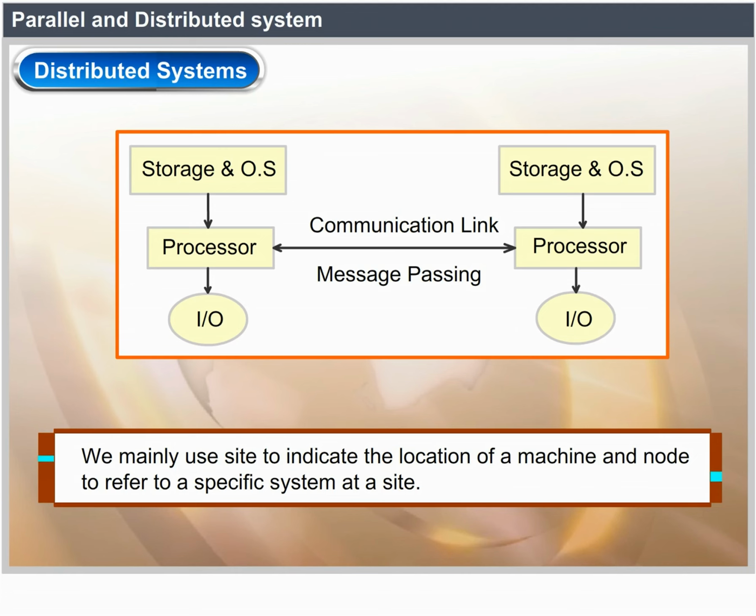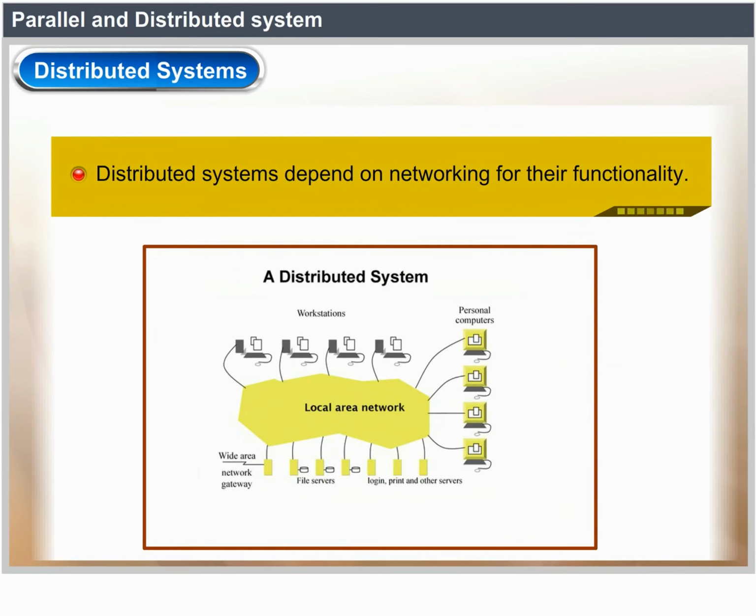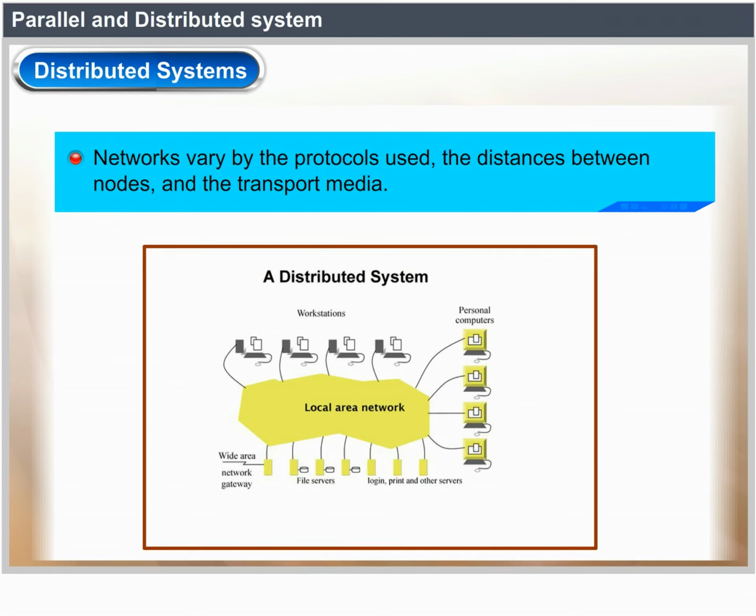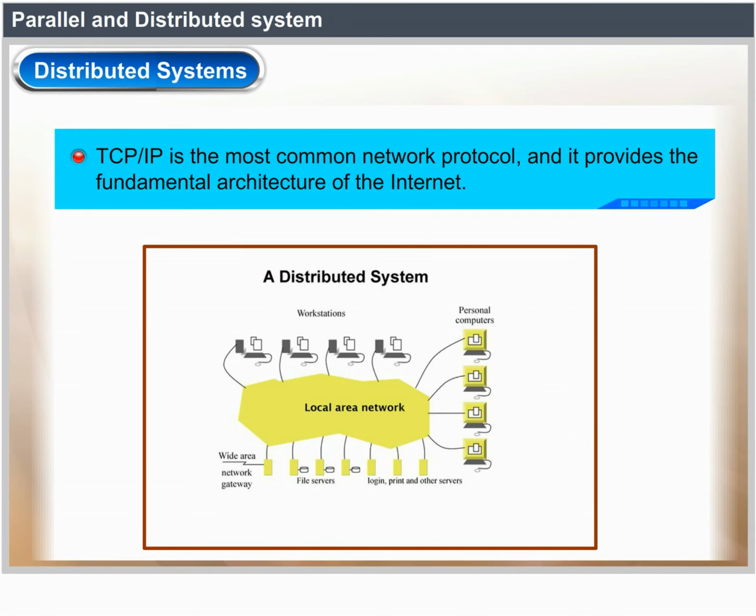Distributed systems depend on networking for their functionality. Networks vary by the protocols used, the distances between nodes, and the transport media. TCP/IP is the most common network protocol, and it provides the fundamental architecture of the Internet.